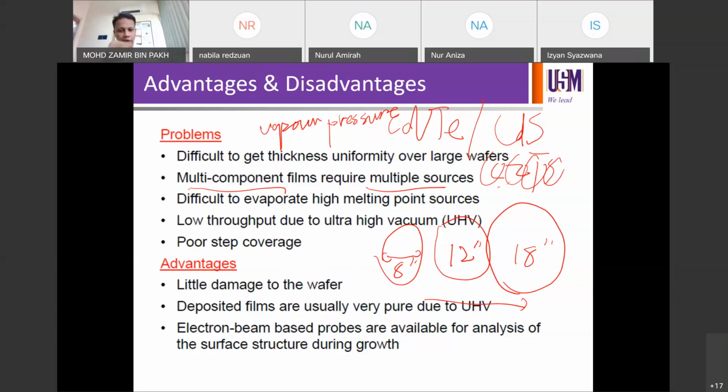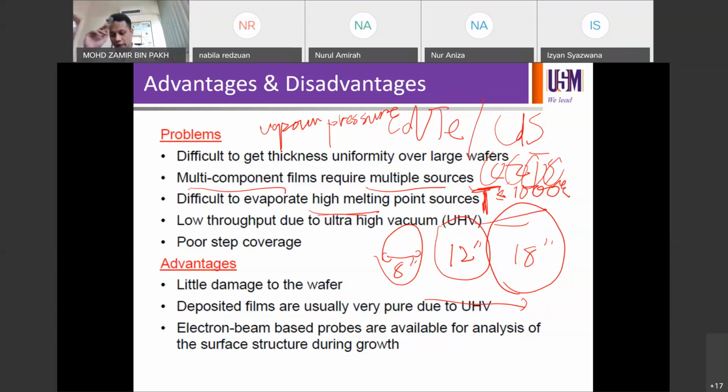Difficult to evaporate high melting point sources. Typically, we use evaporation for low melting point materials. When I say low melting point, we normally evaporate materials with a melting point lower than 1000. It's not a golden rule, but this is how it's typically done. If you want to evaporate aluminum, for example, aluminum's melting point is 600 plus, silver is 900 plus.